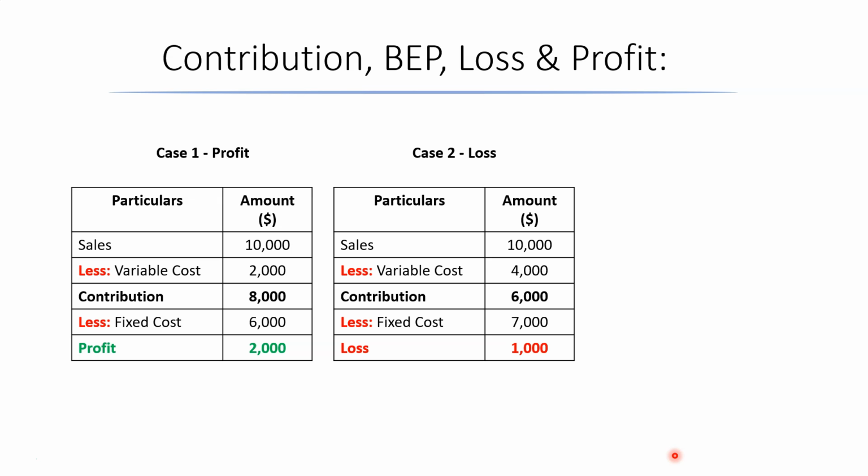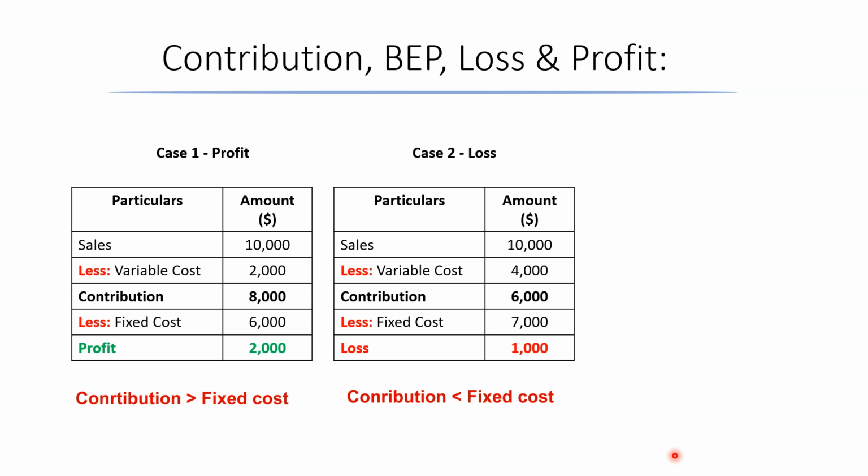So here in case 1, there is a profit. The reason for the profit is that the contribution is more than fixed cost. And in case 2, there is a loss. And again, the reason is your contribution is less than fixed cost. So in both cases, sales minus variable cost is giving you contribution. But if you are contributing more towards fixed cost, then you are earning profit.